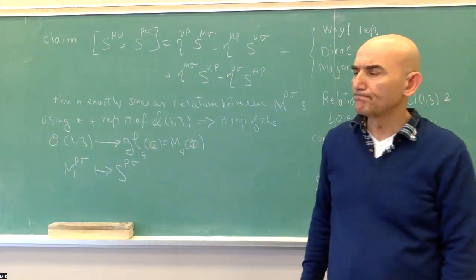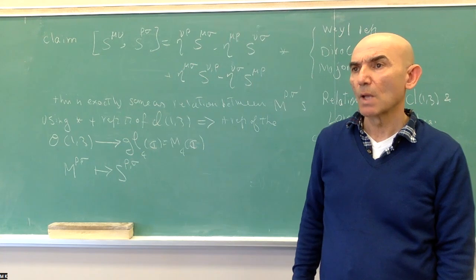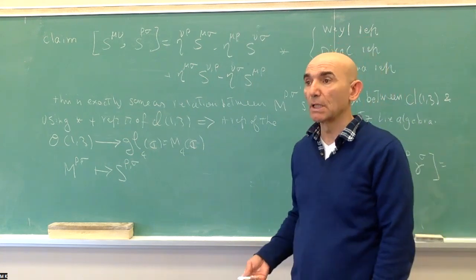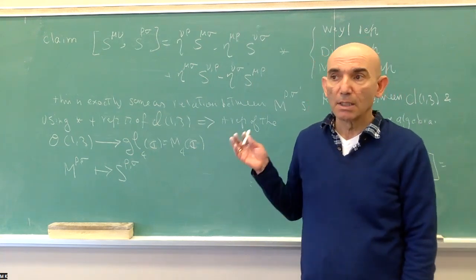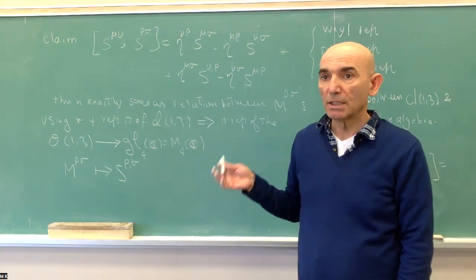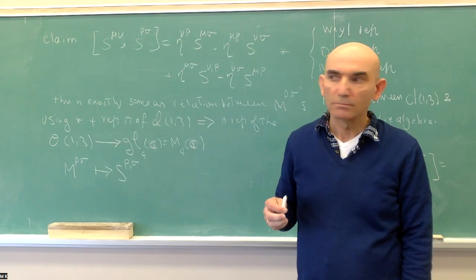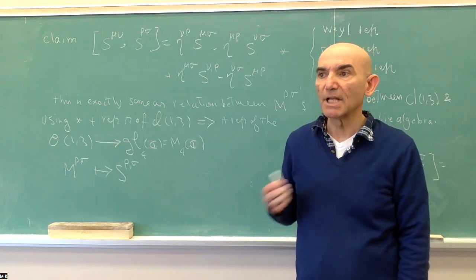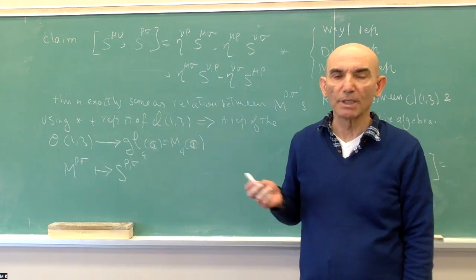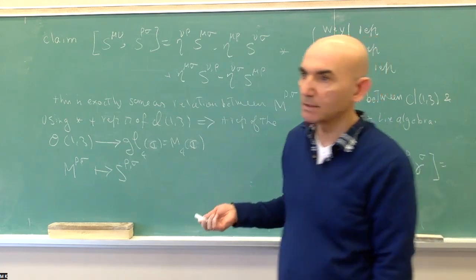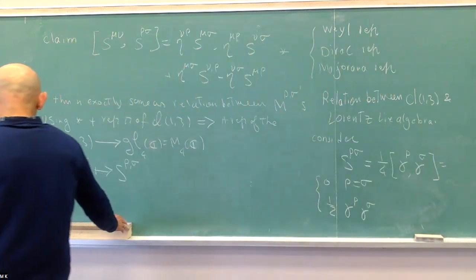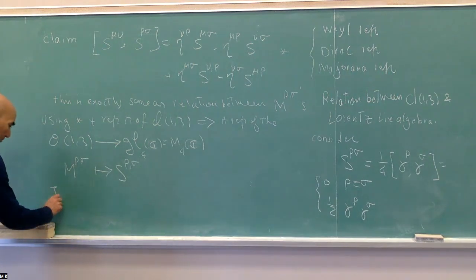Now, one thing that we have to notice is that this representation is not the standard representation of the Lorentz group. That's a different representation, and that's important. So important.